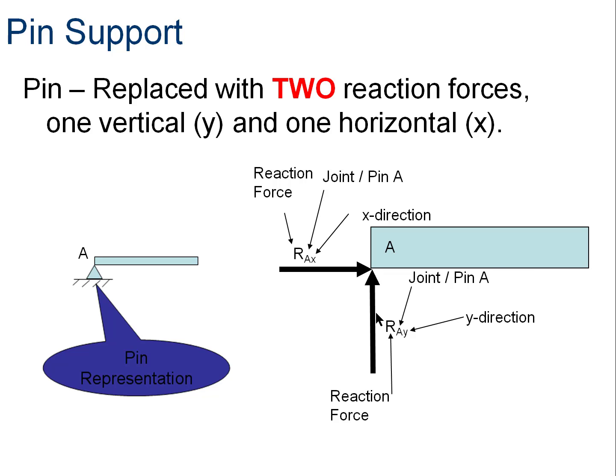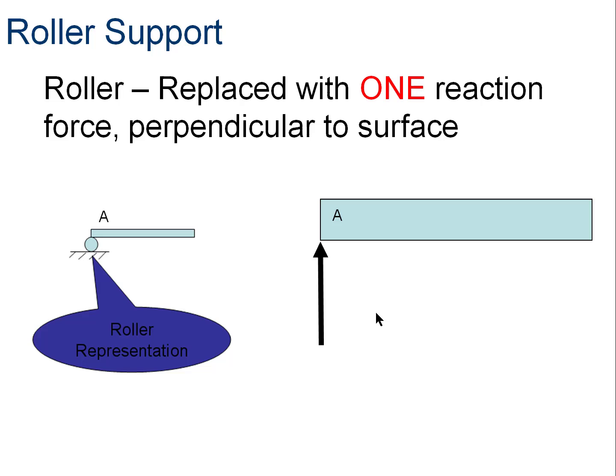So that type of labeling. A pin is replaced with two reactionary forces, one vertical, one horizontal. A roller support can only support downward pressure. So its reactionary force is perpendicular to the surface. I probably shouldn't say downward, because the roller is mounted on a vertical surface. It would then be a horizontal force.